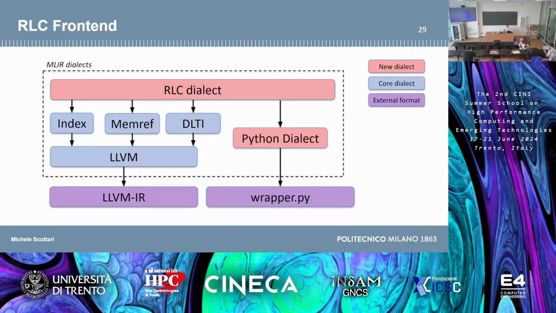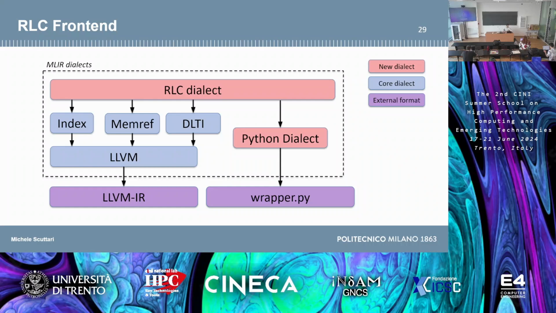Oh yeah, and to see the same architecture as before, what we have is a custom dialect, the one for RLC, which is lowered to the standard dialect for LLVM, and the other dialects, such as the ones to express the use of memory and the ones that talk about the target architecture.